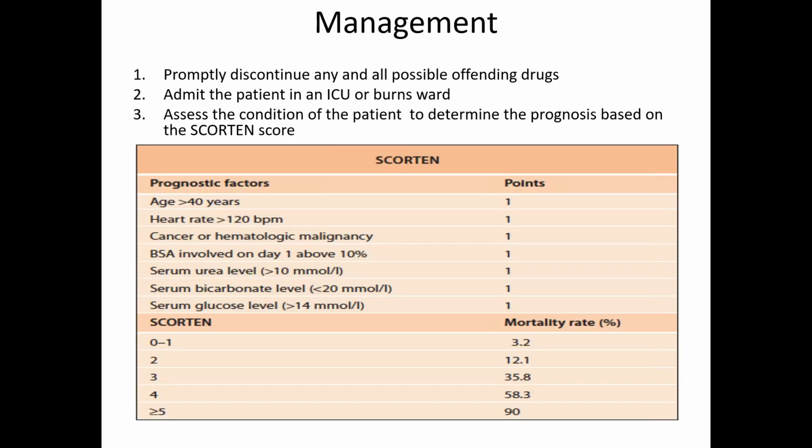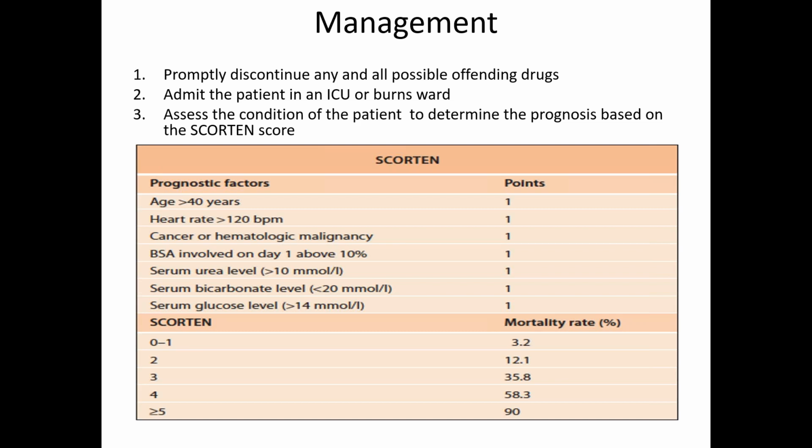SCORTEN is a system to score the severity of the disease. Although it is not usually calculated by interns, it is mainly for dermatologists, but you should also know it. Point-wise: age more than 40 years is 1.